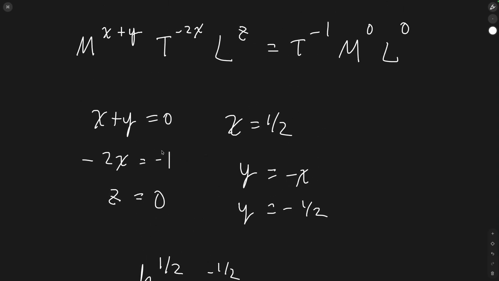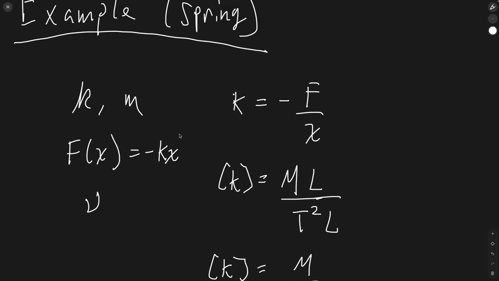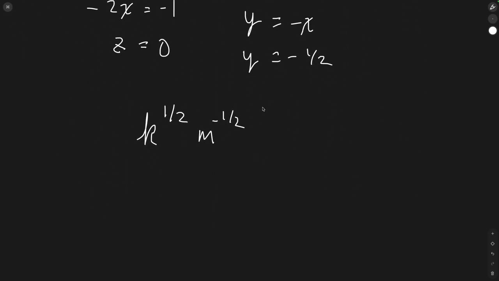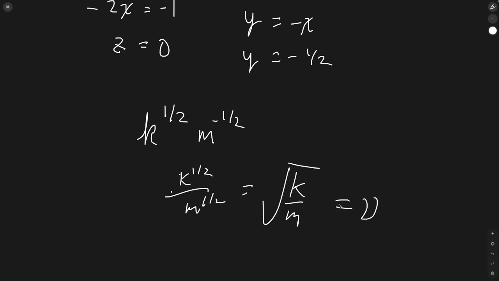And then we had that z is 0, so there's no x dependency. This is k to the 1/2 over m to the 1/2, which is the square root of k over m. So I think that's the frequency, right?